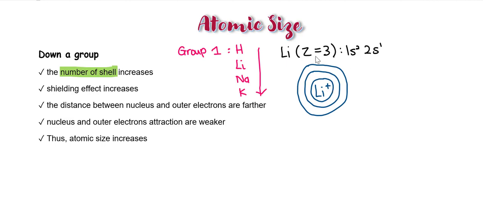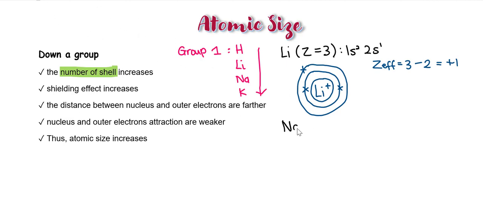The effective nuclear charge for lithium is 3 electrons minus 2 inner electrons, equals positive 1. The first shell has 2 electrons and the second shell has only 1 electron, so lithium has 2 shells.